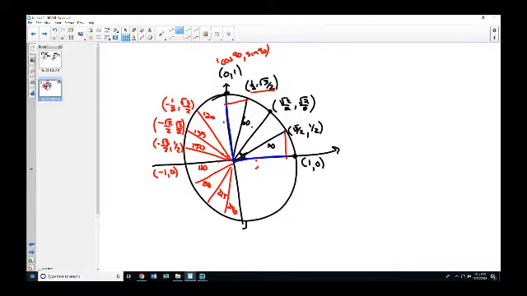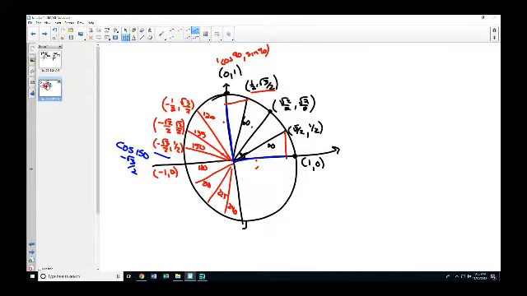Any questions? Adriana, what is the cosine of 150? Negative root 3 over 2. Right?